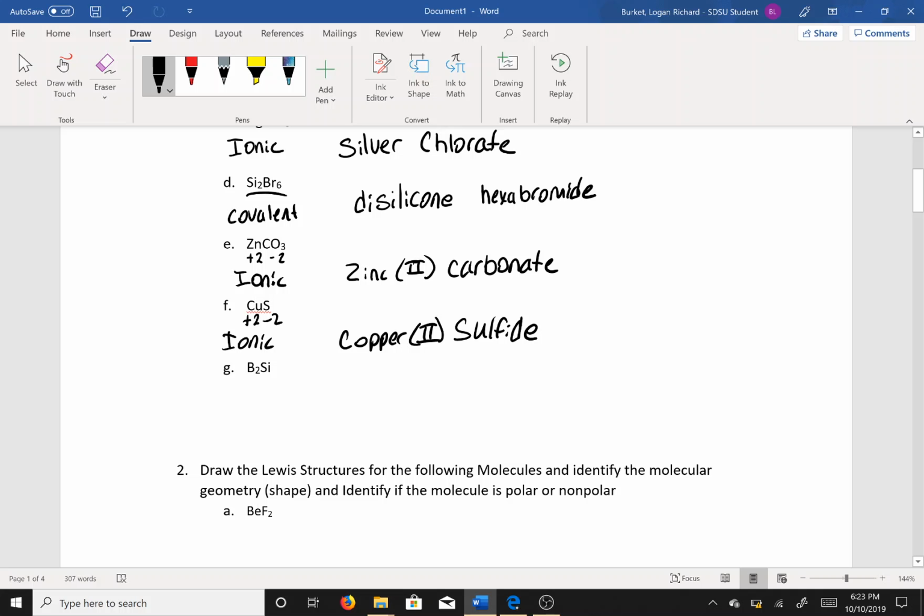So B2Si, they're both nonmetals, so that'd be covalent. And then that'd be diboron silicide, I think.